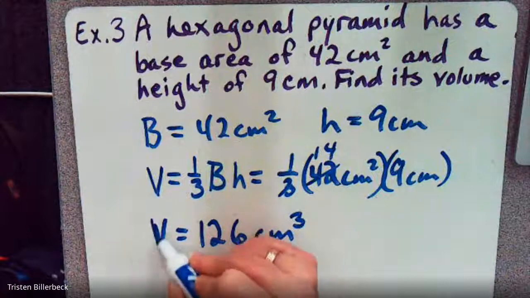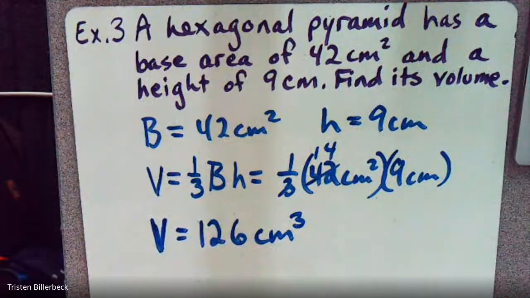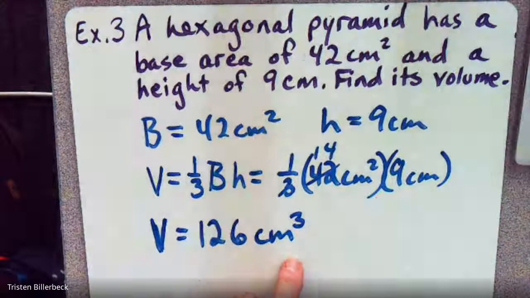Volume is always cubic units, and area is always square units.